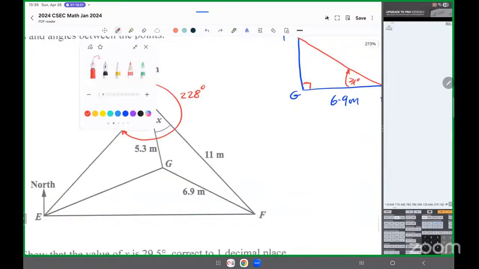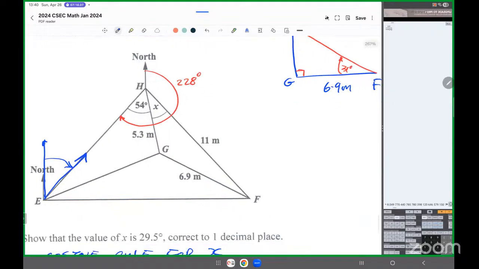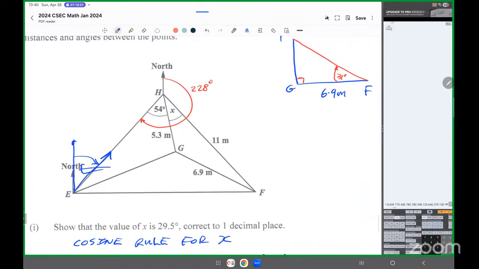They now want the bearing of this direction, and this is the north line. They want this angle. But because all the angles we have are up here, we would have to calculate it down here: work out this angle first, which is 360 minus 228, and then note that these two add up to 180 to get this one.